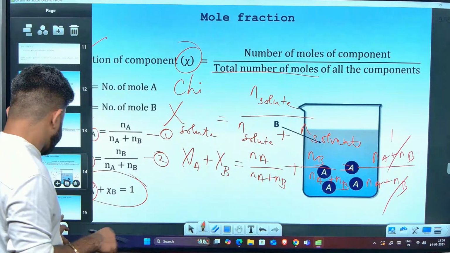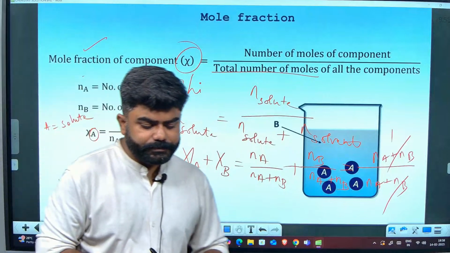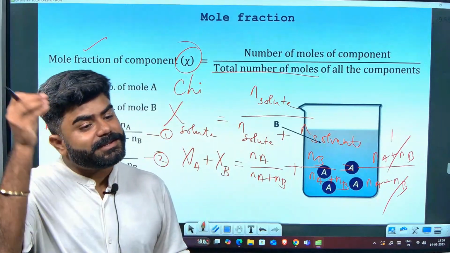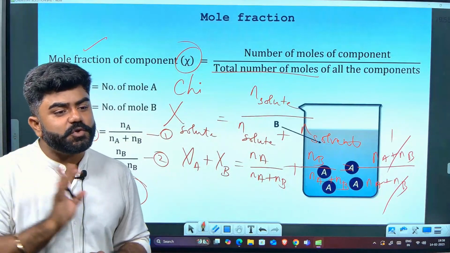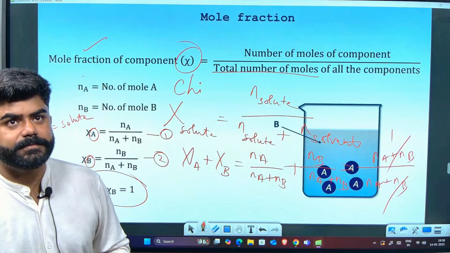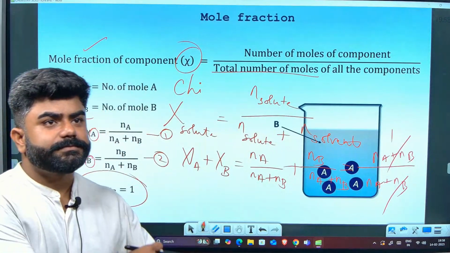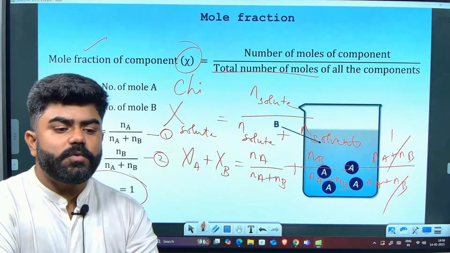Apply the formula. Done means wait. They have directly given the number of moles. What should we do directly? We just substitute in the formula. So now what is the formula?